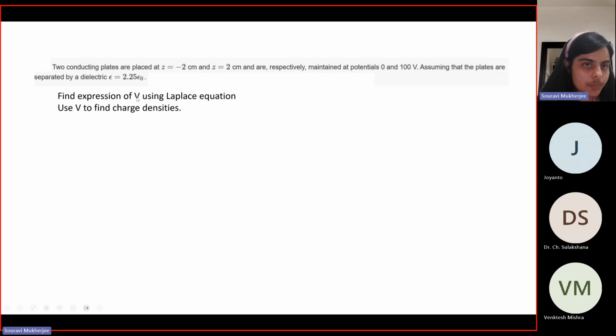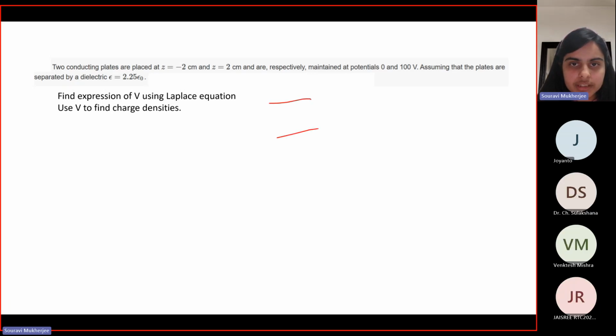Once you get the expression for the potential, you have to find the charge density. So what is the relation that you should use to find the charge density? We have to use the relation sigma is equal to minus epsilon del V del Z at those values of Z. Suppose you have two regions, and these are two points in Z. Now you want to find the charge density at this point.